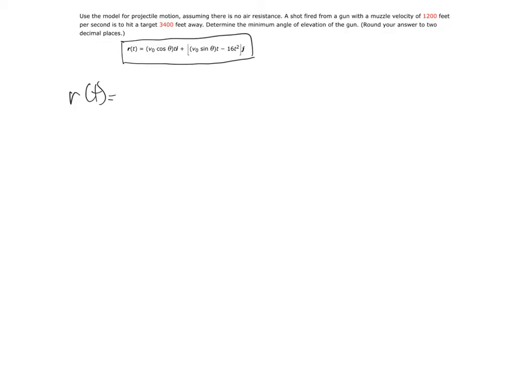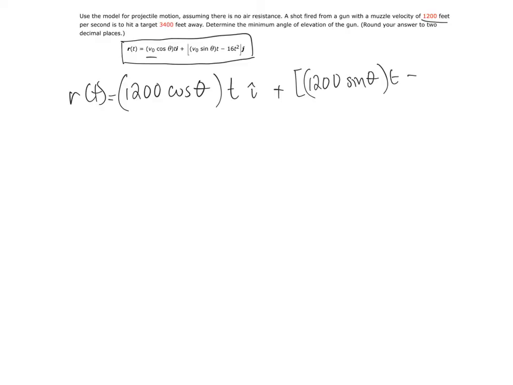So the initial velocity is 1200 cosine theta multiplied by t. That's your i component, and then plus 1200 sine of theta times t minus 16t squared.